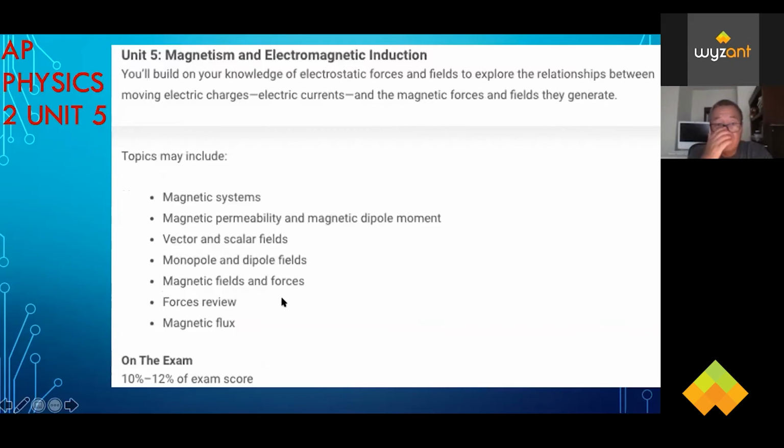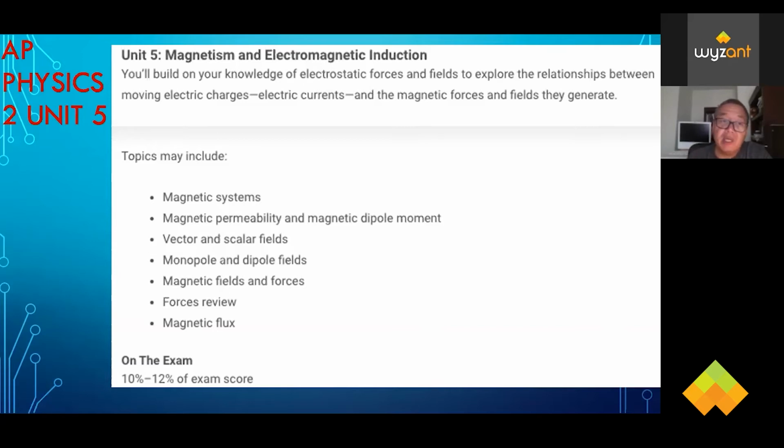Now let's go to Unit 5. Unit 5, that's magnetism and electromagnetic induction. In this unit, you need to build up your knowledge of electrostatic forces and fields to explore the relationships between moving electric charges, electric currents, and the magnetic forces and fields they generate.